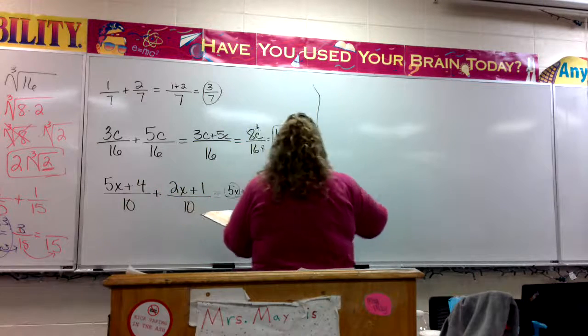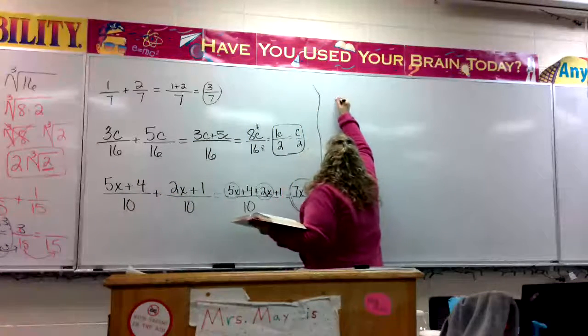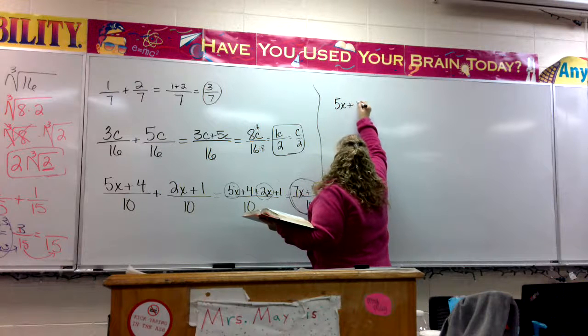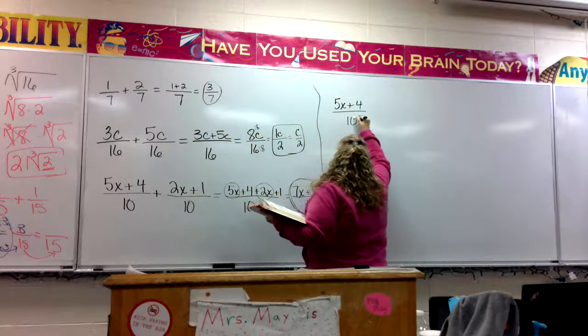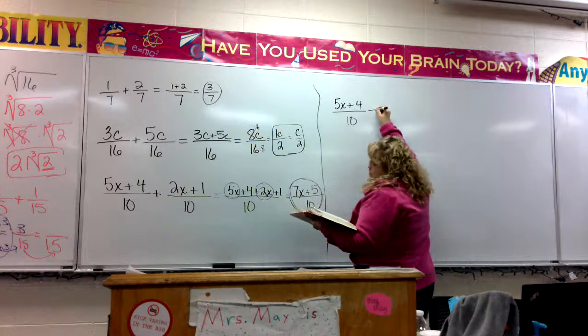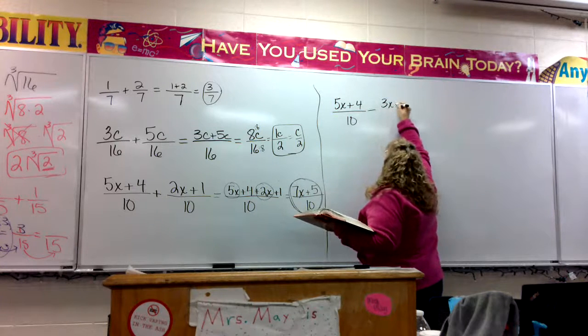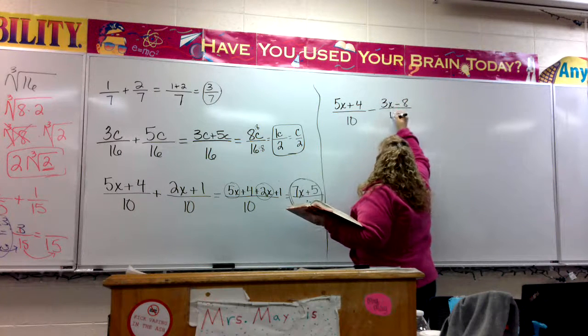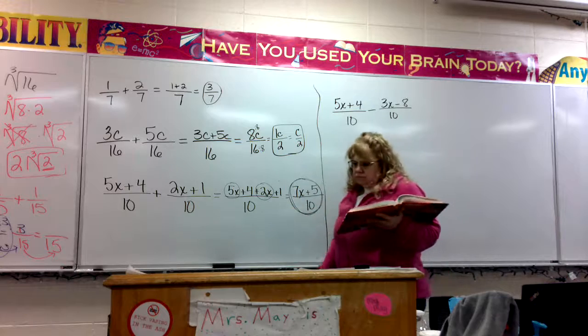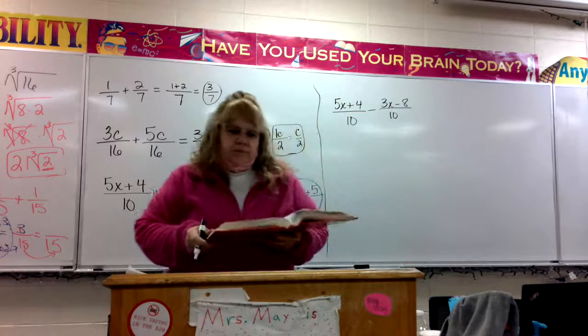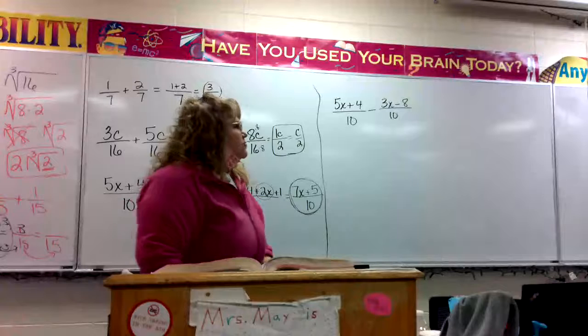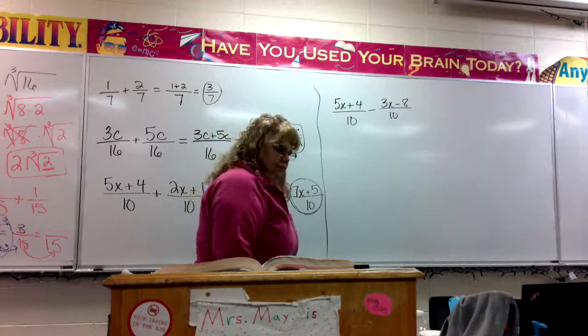Here's where you have to be careful. 5x plus 4 over 10, take away 3x minus 8.